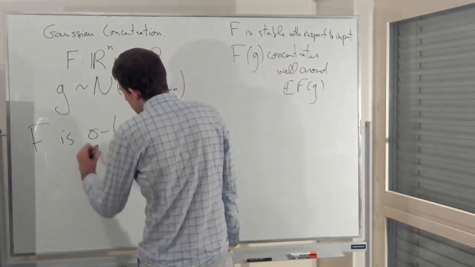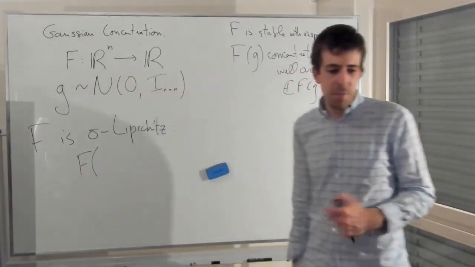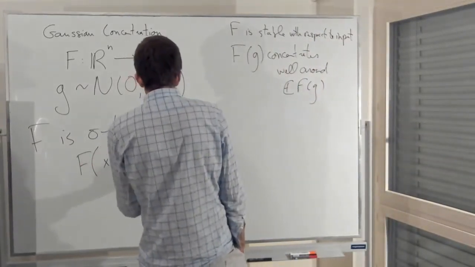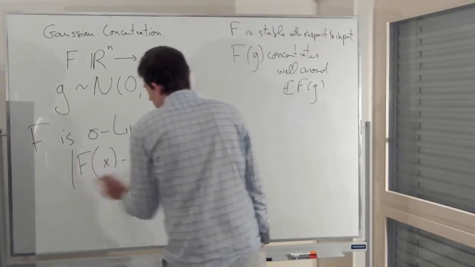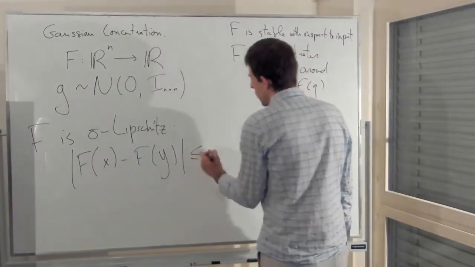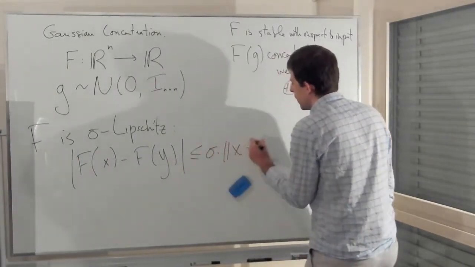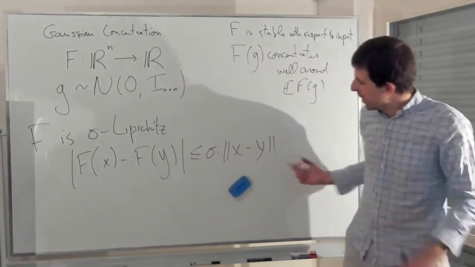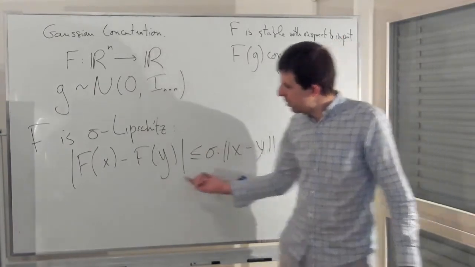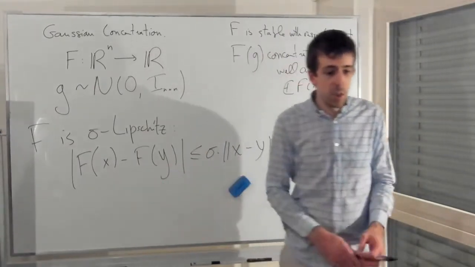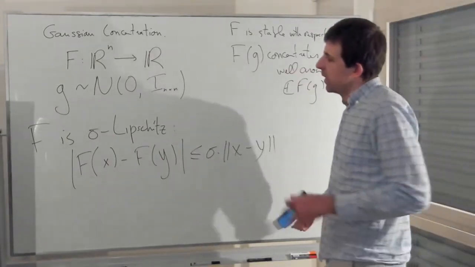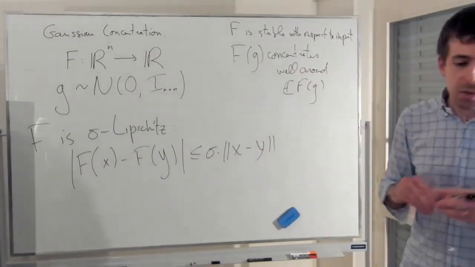It means that if I take f at a point x and f at a point y, the difference is smaller or equal than sigma times the distance between x and y, the norm. So if the input doesn't change very much, then the function cannot change very much either. And then the theorem says that this concentrates very well around its mean.